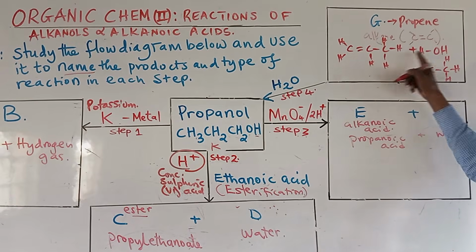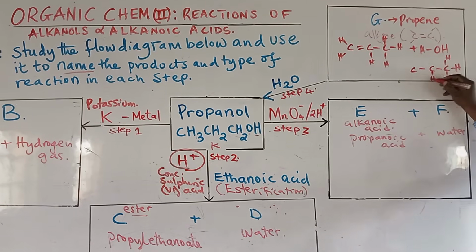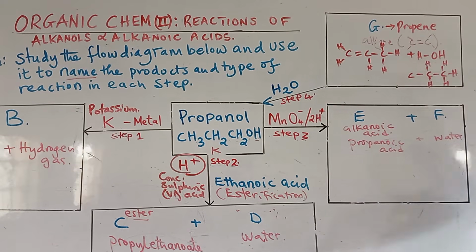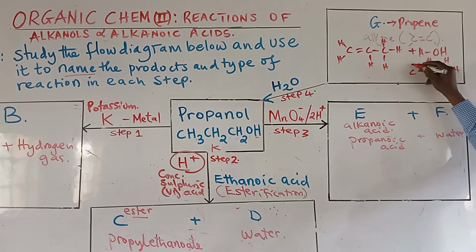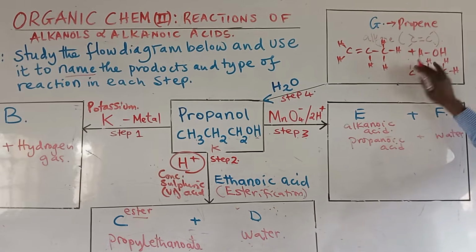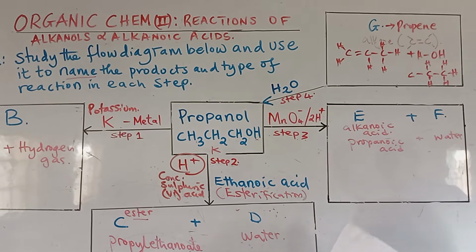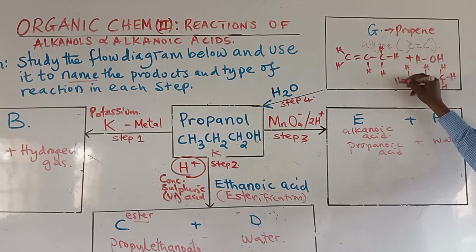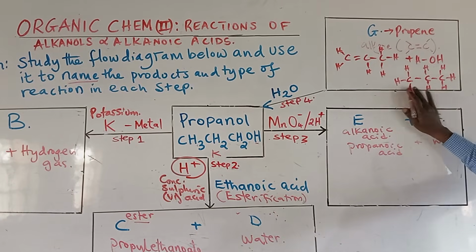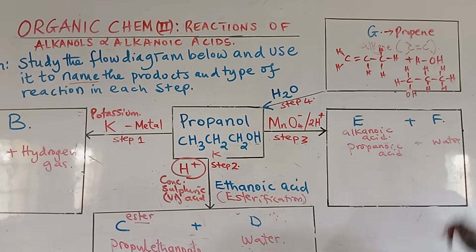The hydrogen will be added here, so we have the hydrogen at this point, and then we have the hydrogen which was already there, the 2 atoms of hydrogen, and then we add the OH at this point.